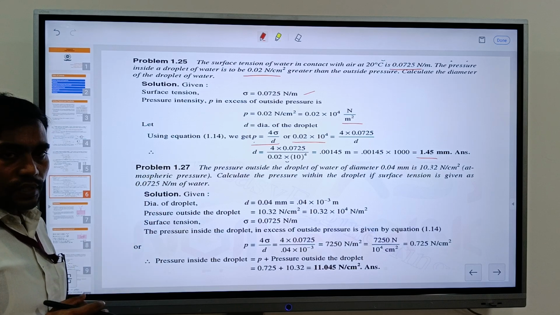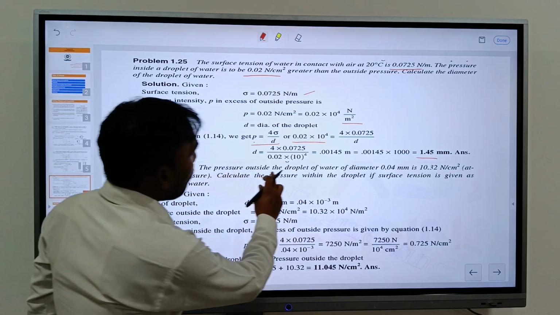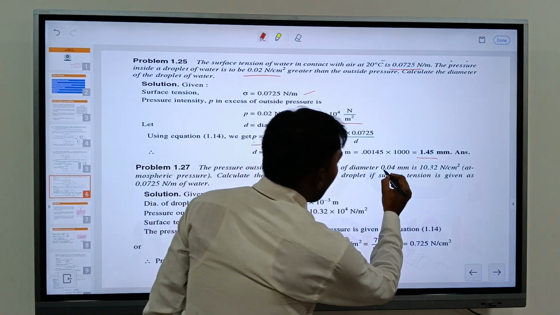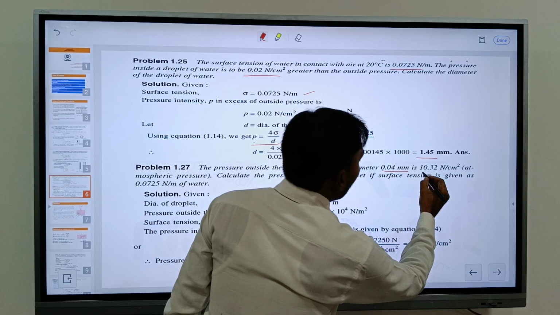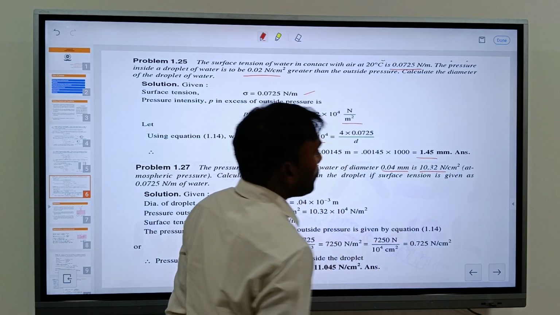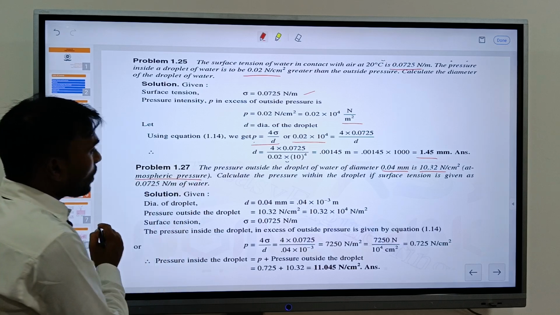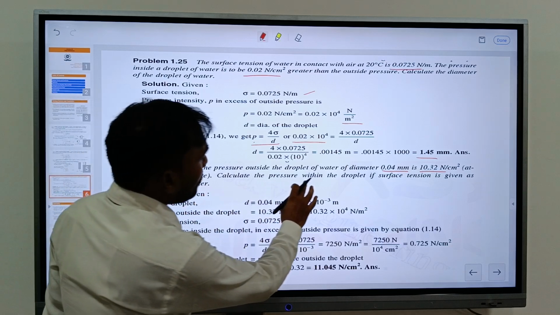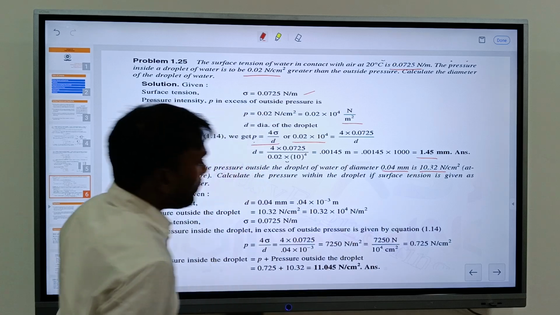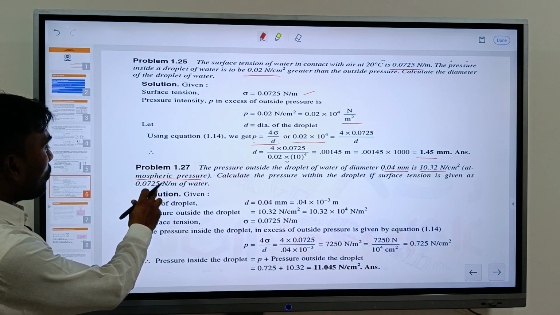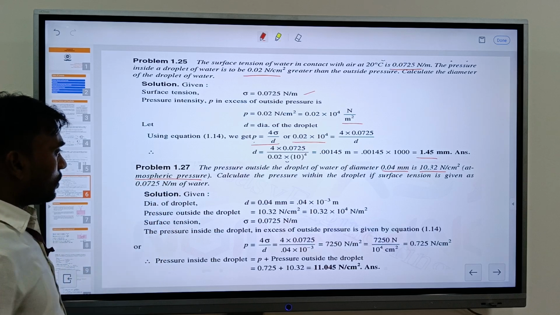Now the second problem: the pressure outside a droplet of water of diameter 0.04 mm is 10.32 Newton per centimeter square at atmospheric pressure. Now calculate the pressure within the droplet if the surface tension is given as 0.0725 Newton per meter of water.